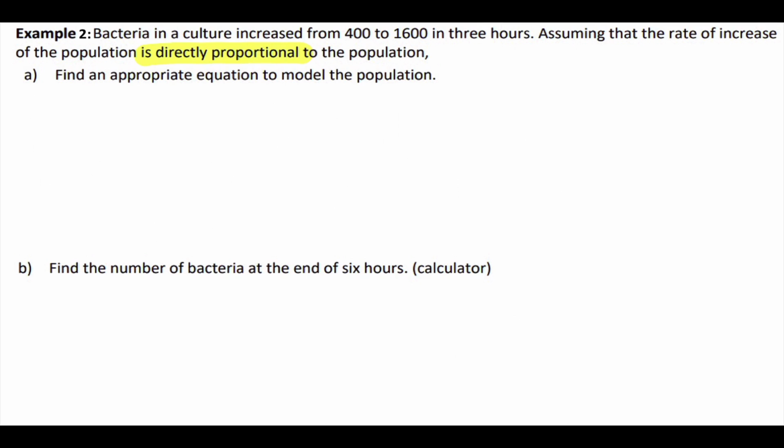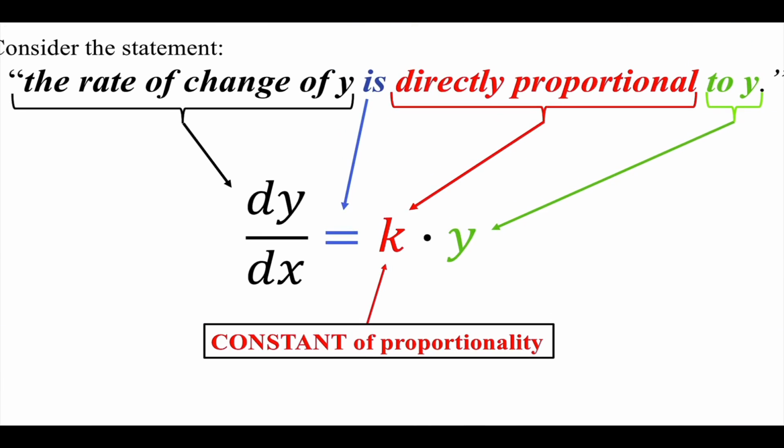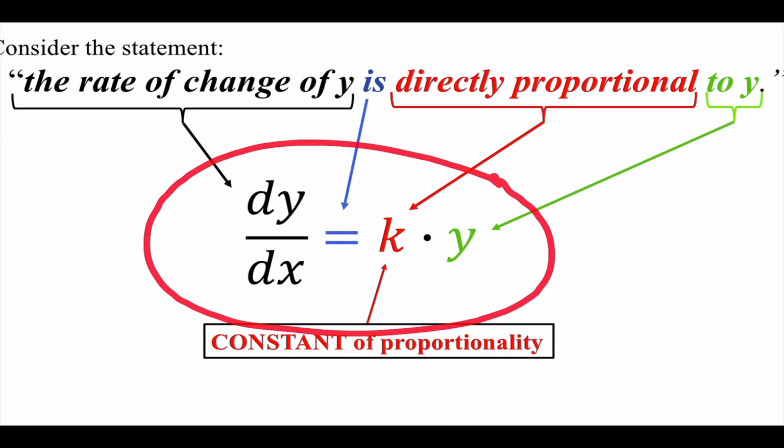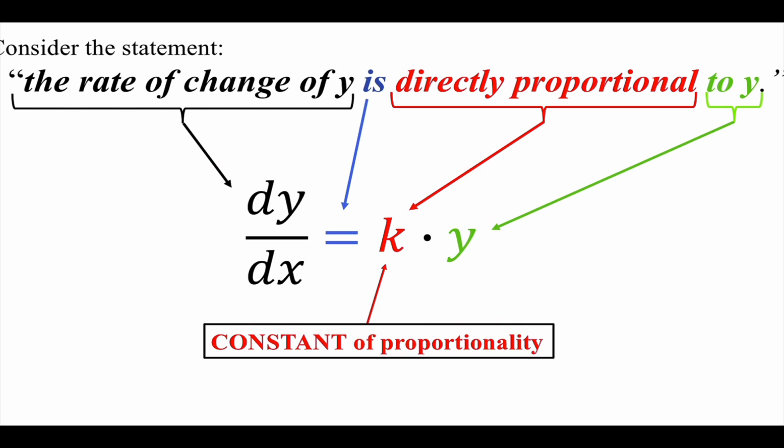So what we're going to do is start with our equation right here, this guy right here, except we're not going to use y's and x's. We're going to make it fit what we're doing.